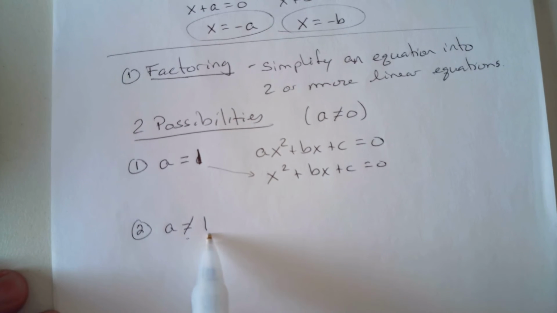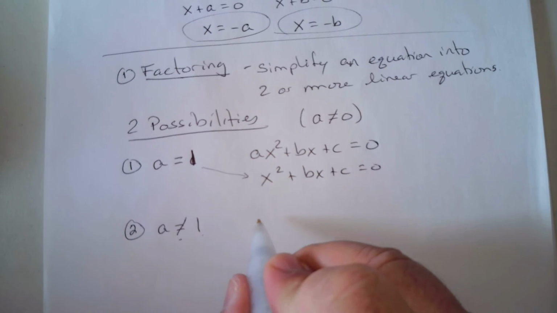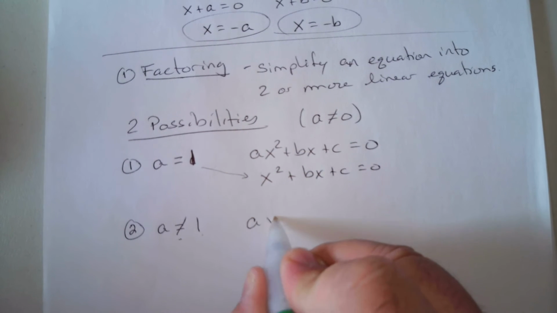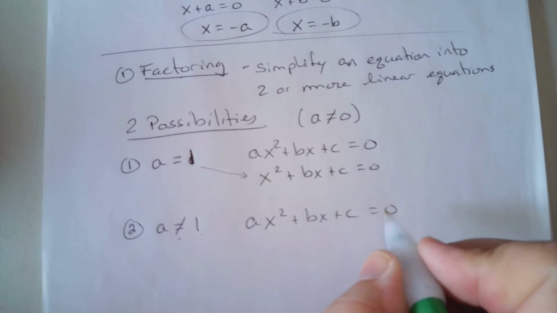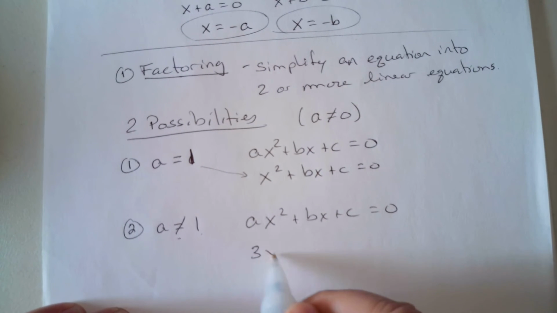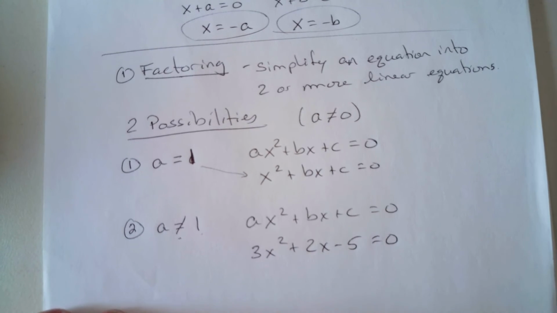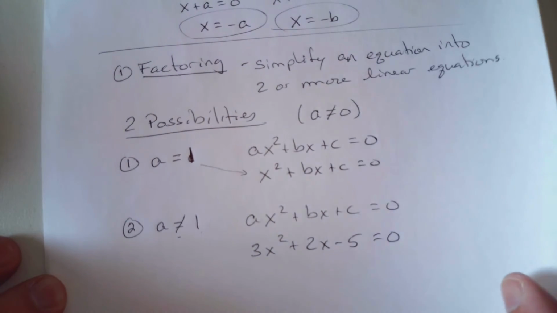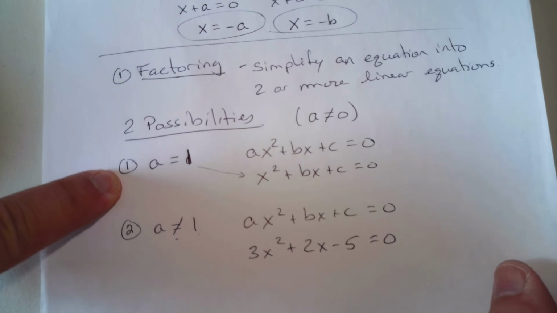As long as a doesn't equal 1, what we're going to have here is now we're going to have this method. So it could look something like this. Now the dynamics, the rules, the procedures change. So what we're going to get first, we're going to look at when a equals 1.